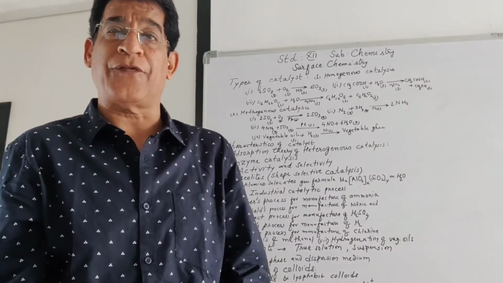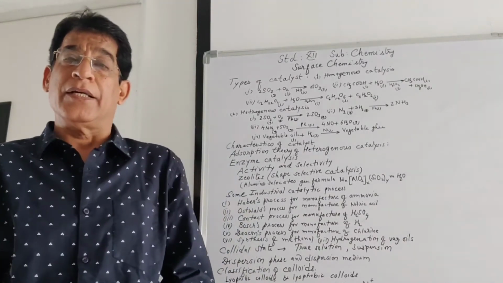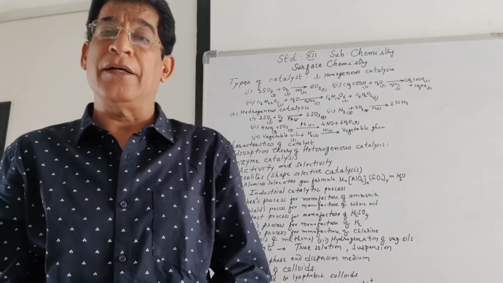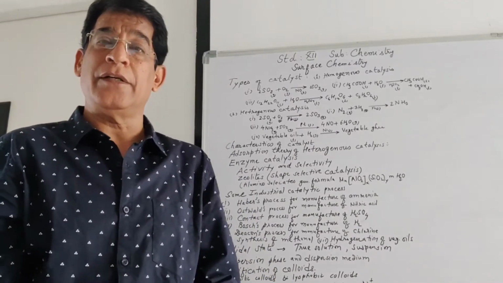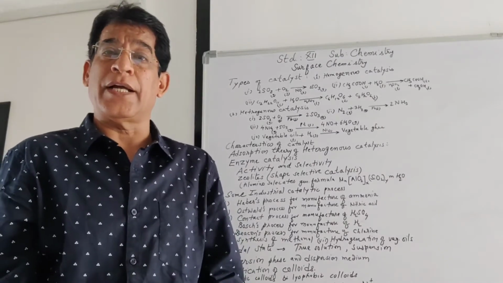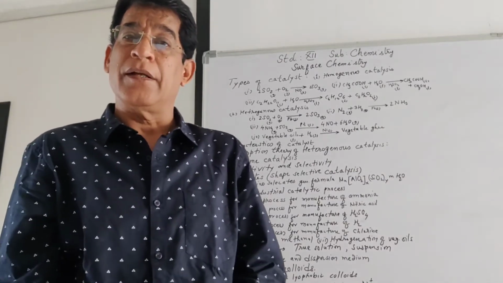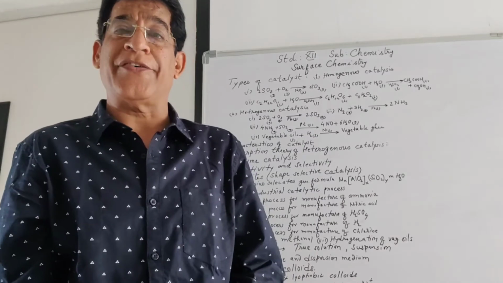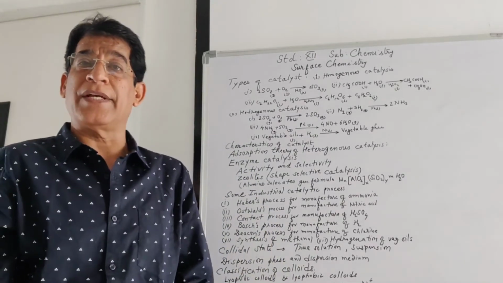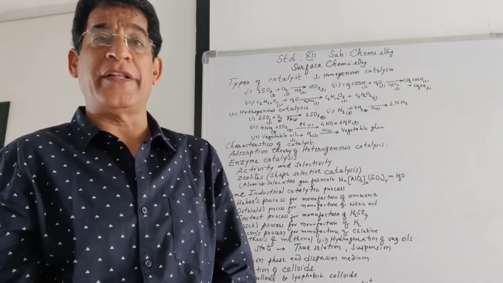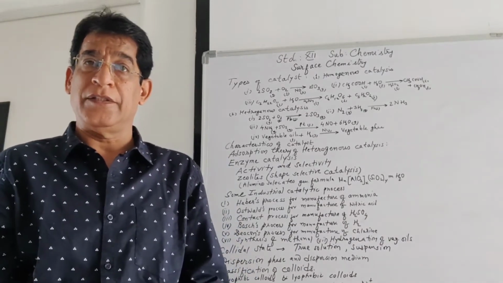The mechanism of such surface reactions may be explained in terms of the adsorption theory of catalysis. This theory postulates the following sequence for gaseous reactions on a solid surface.